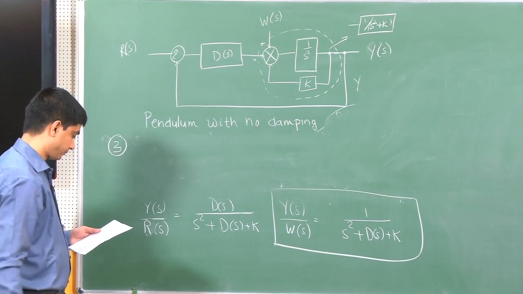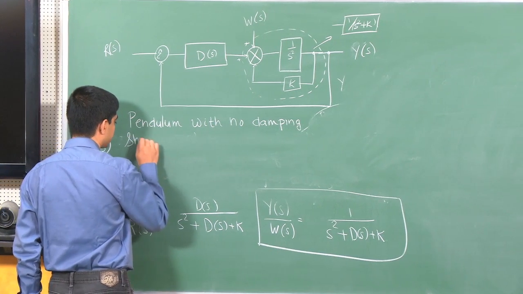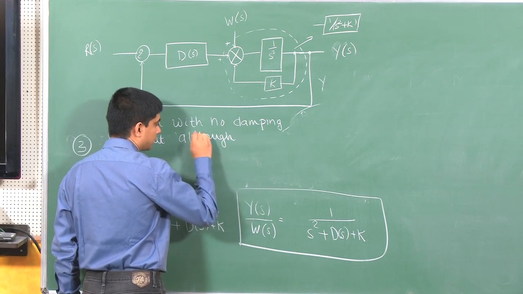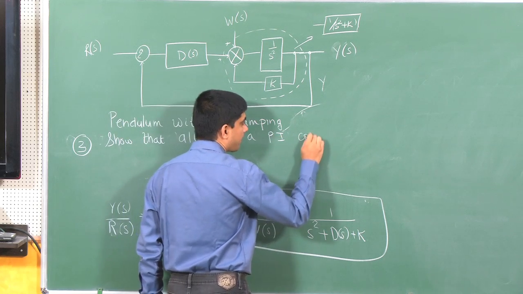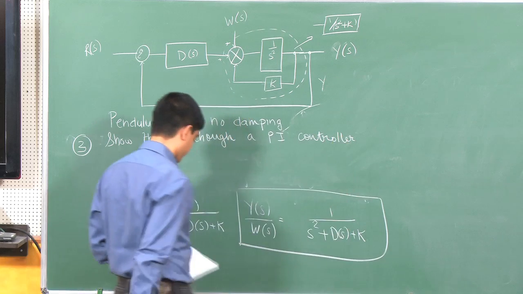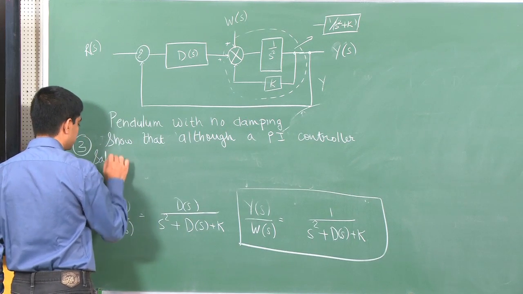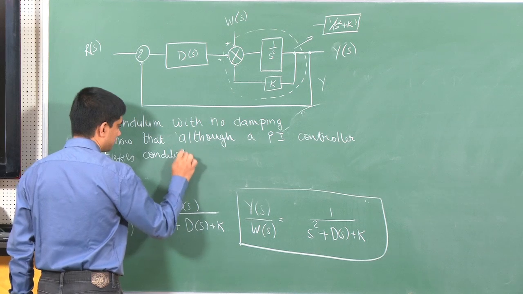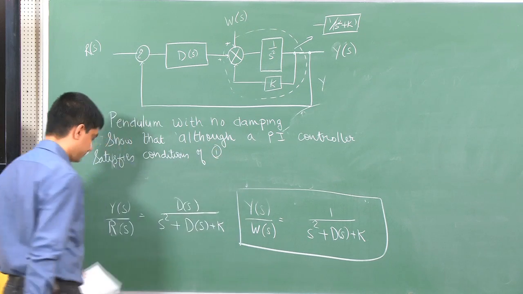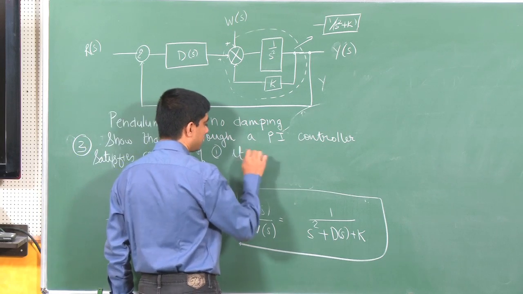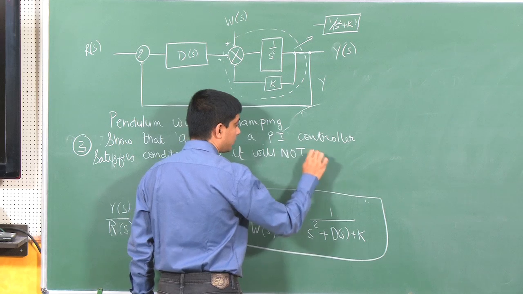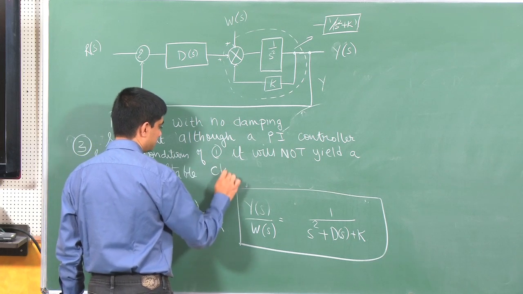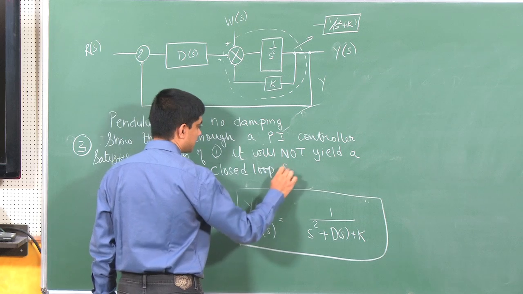So, in the third part, show that although a PI controller satisfies the conditions of part 1 of the problem, it will not yield a stable closed loop system.